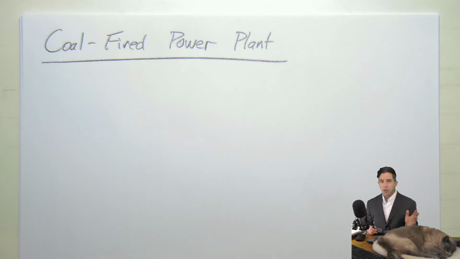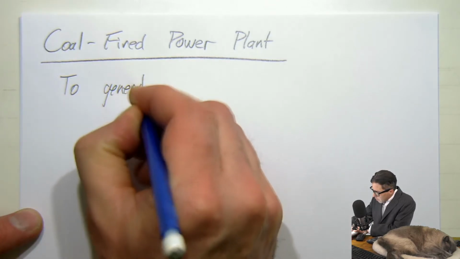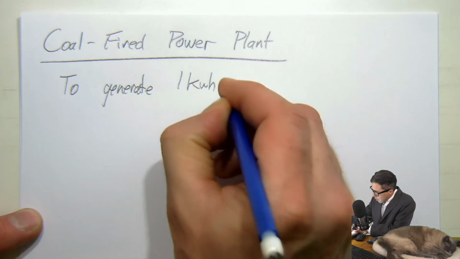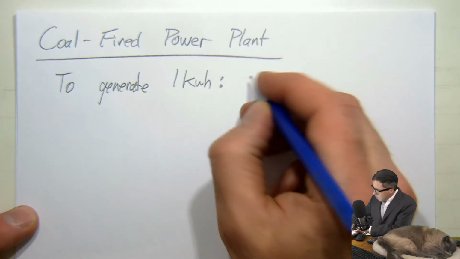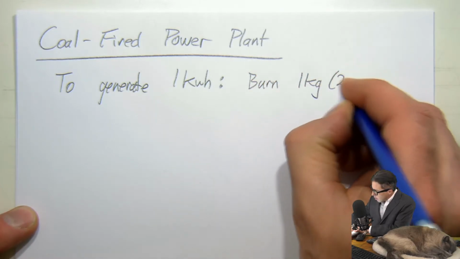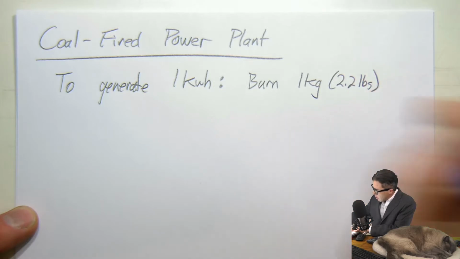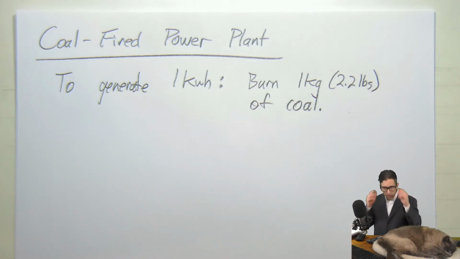They're not all the same efficiency, but when you look at all of them, roughly it comes out that to generate 1 kilowatt hour of electricity with coal, you need to burn 1 kilogram, or about 2.2 pounds, of coal. And that's about the size of a big shoebox, right? So imagine kind of an extra large shoebox full of coal. That's about how much you need.